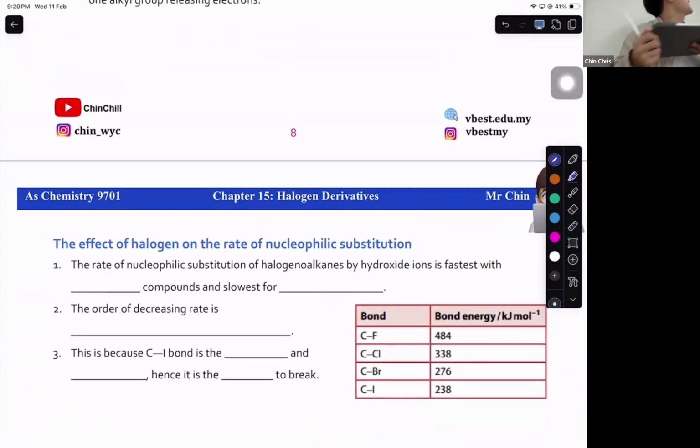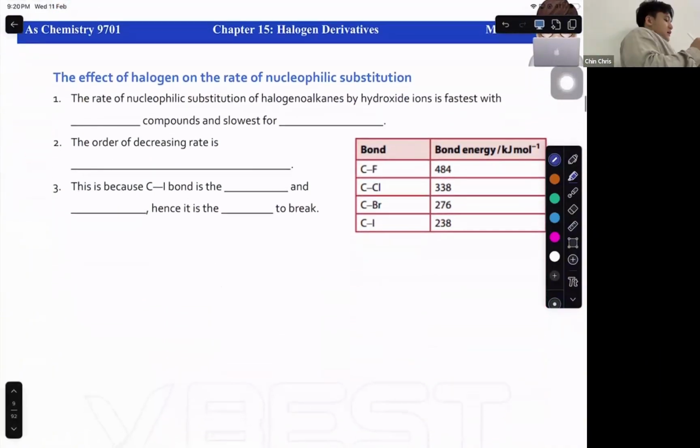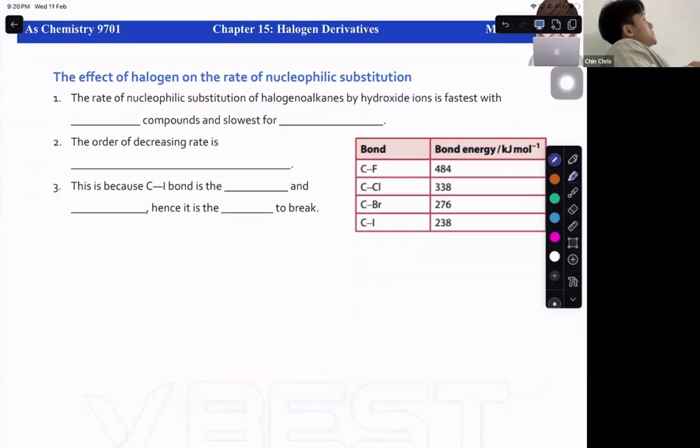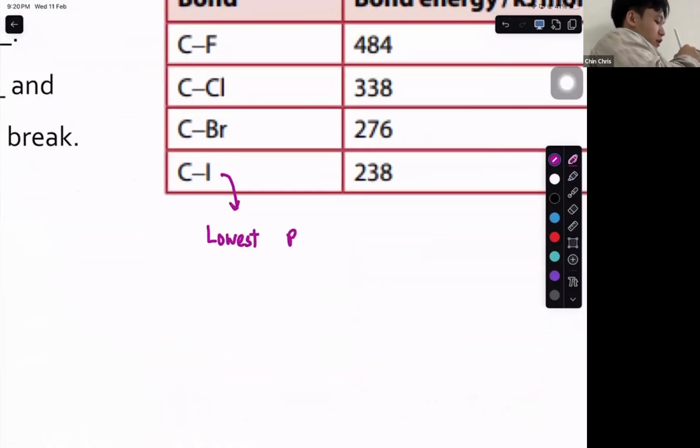Alright guys, the next one we have is the effect of halogen on the rate of nucleophilic substitution. For nucleophilic substitution, let's look at the bond length here. We have C-F, C-Cl, C-Br, C-I. Which one is the biggest? If you look at C-I, this one has the lowest bond energy, correct or not? Why though?